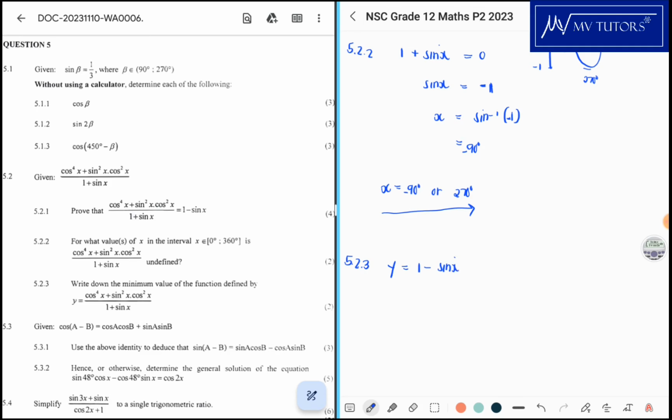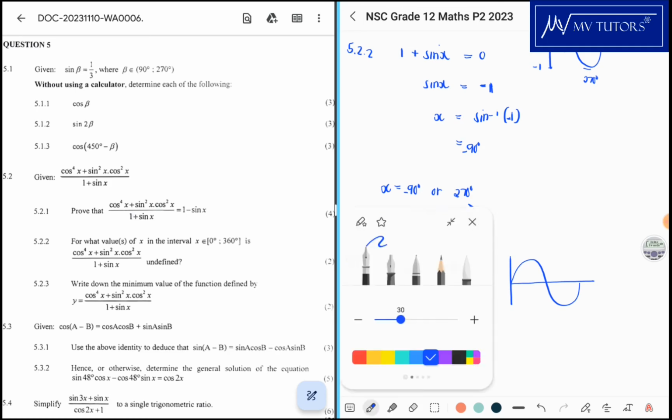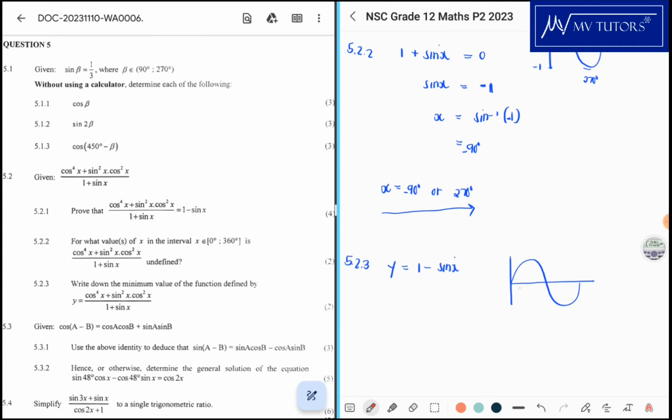So in this case, I'm looking at it like I have a graph of negative sine x. Remember, this is sine x, if we're going from 0 to 360 degrees. Now, if it is negative sine x, let me use a different color. It's inverted. Negative sine x is like that.